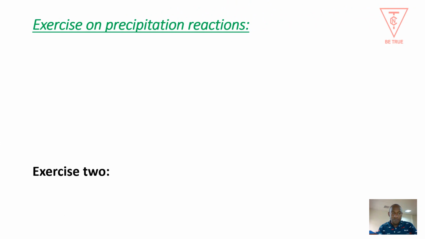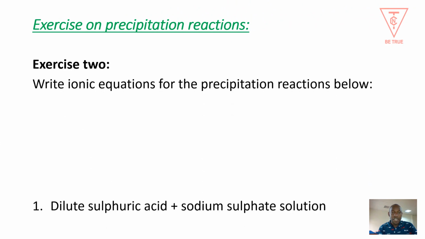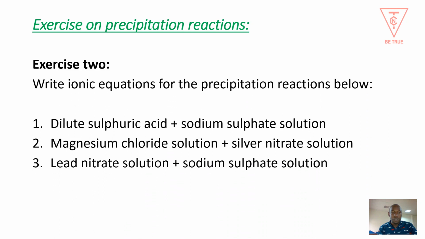Now, try out writing ionic equations for the following precipitation reactions. Number 1, dilute sulfuric acid reacting with lead nitrate solution.